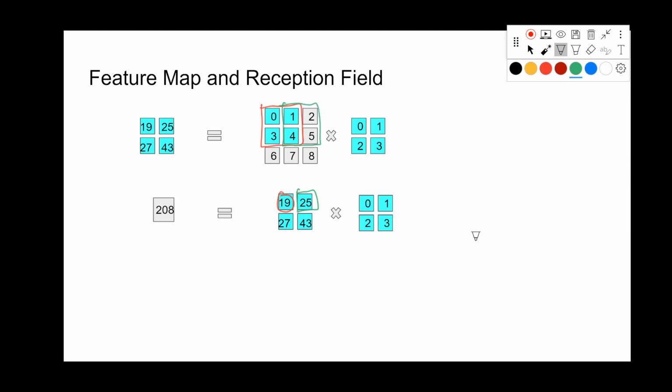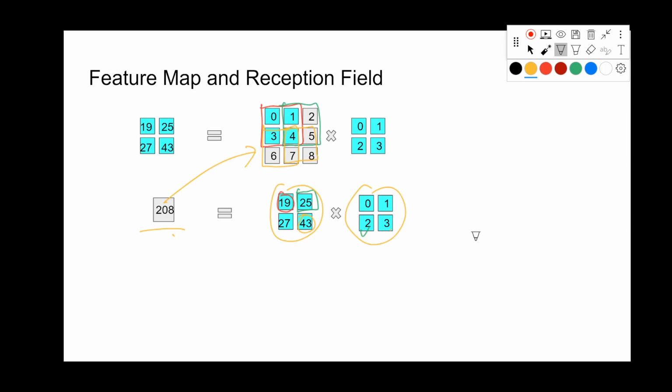And the 2 here will be related to those 4, and the 43 will be related to those 4. So if we apply this and produce the output map here, this pixel will relate to all 9 pixels in the input image.